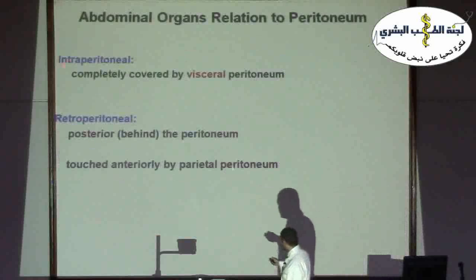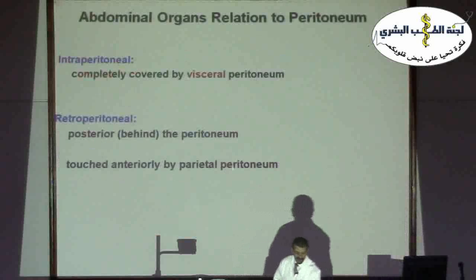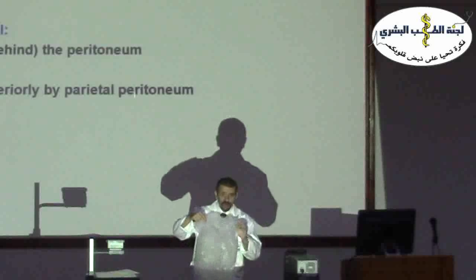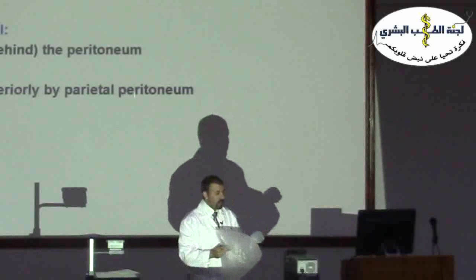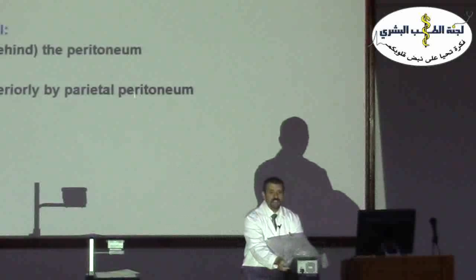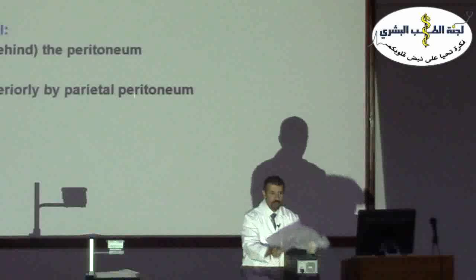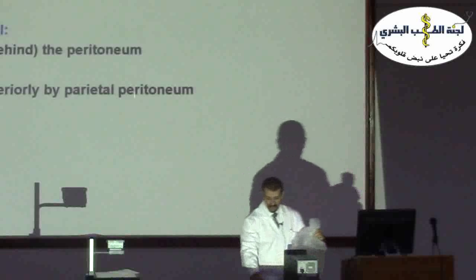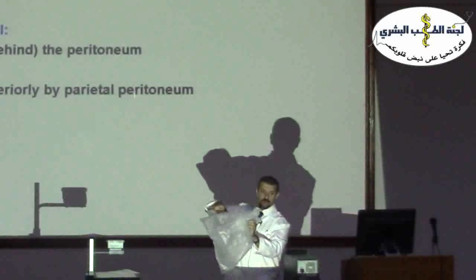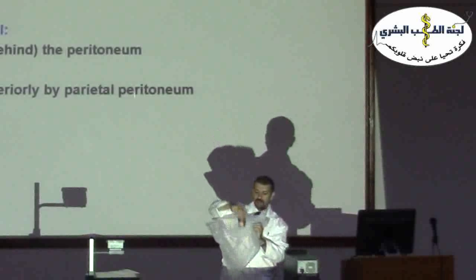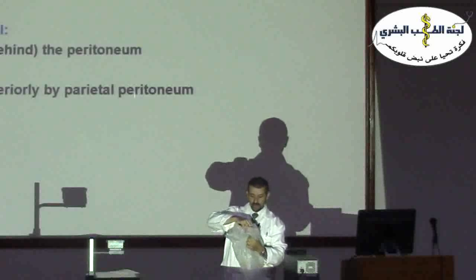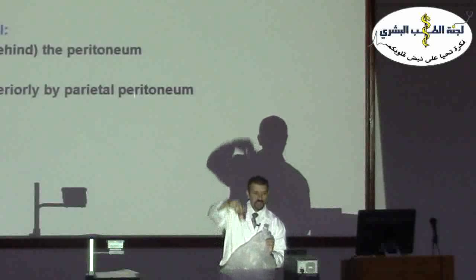Intraperitoneal does not mean inside the sac, inside the peritoneum. There is nothing inside the sac, only fluid. Intraperitoneal means it is covered completely, invested by the visceral layer of peritoneum. So if this is an organ and it is retroperitoneal, it will be behind. If it's intraperitoneal, it will be completely covered by peritoneum, like this, so you can reflect it without opening the sac and remove it.